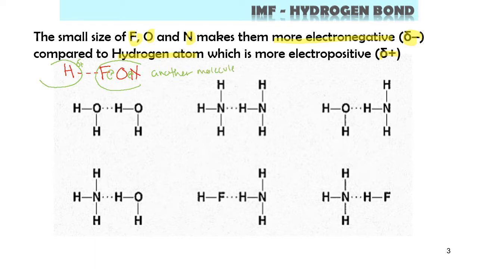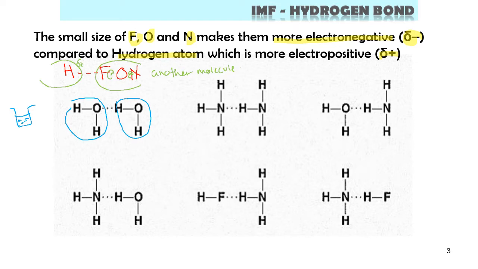Okay, so let's have a look at the example. Let's say you have one molecule of water with another molecule of water. Okay, so imagine in one beaker, there are many molecules of water.